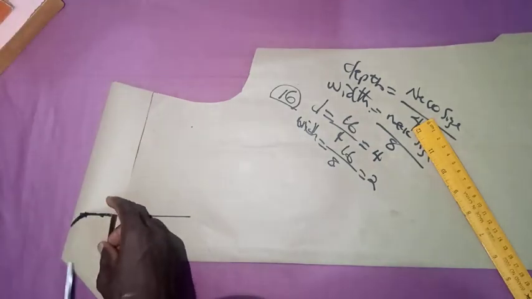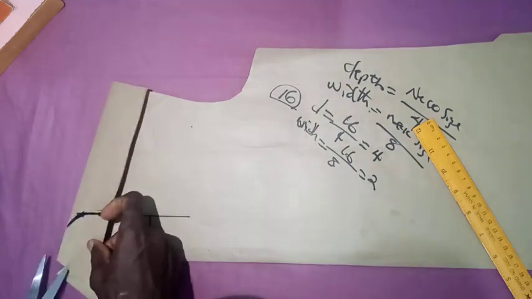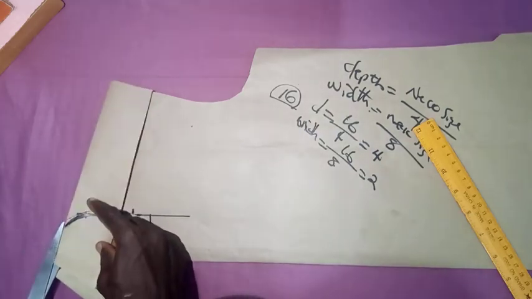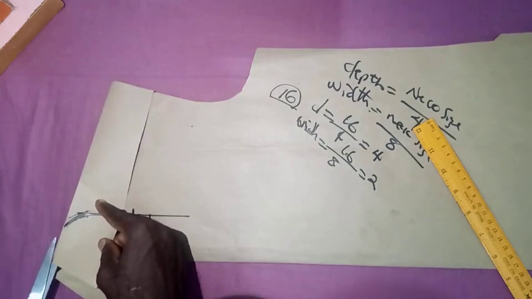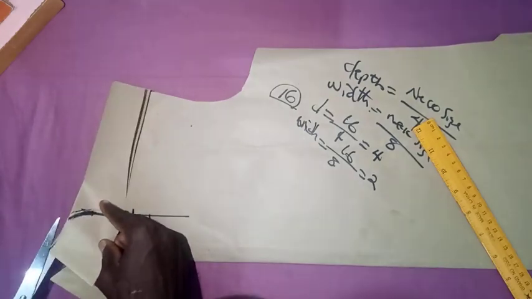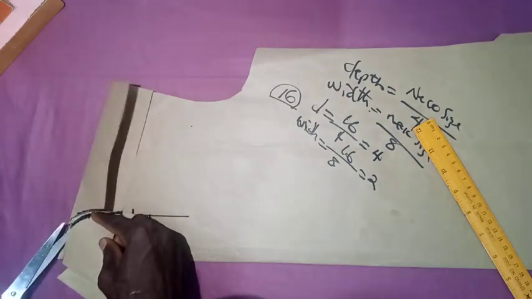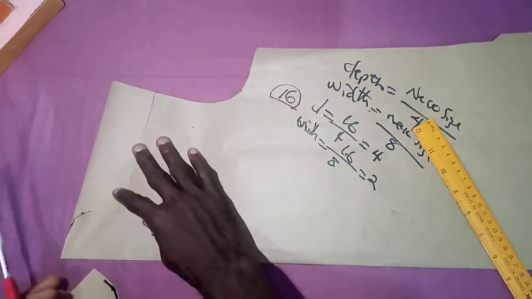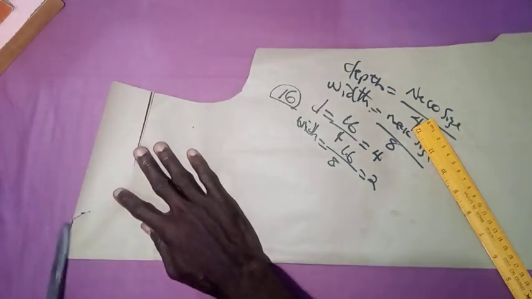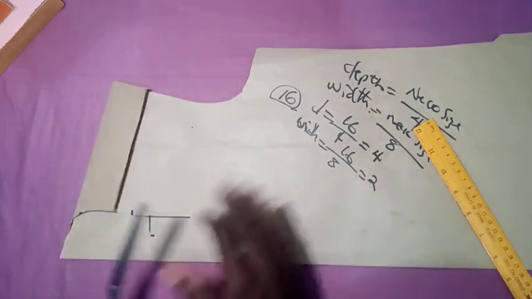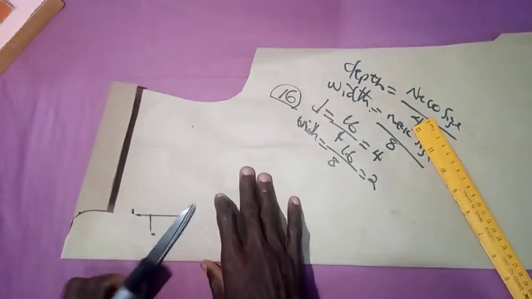So another point is this: when you get to this point, instead of cutting round here like this, when you cut neck like this, let me just paint it so that you see the edges of the line.